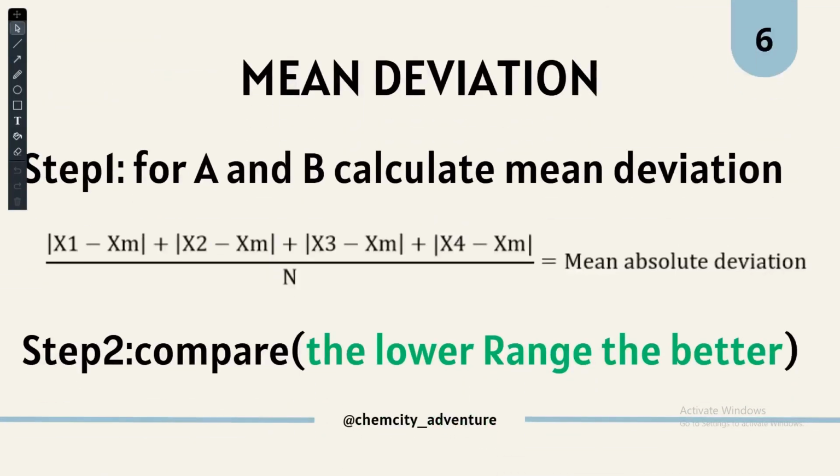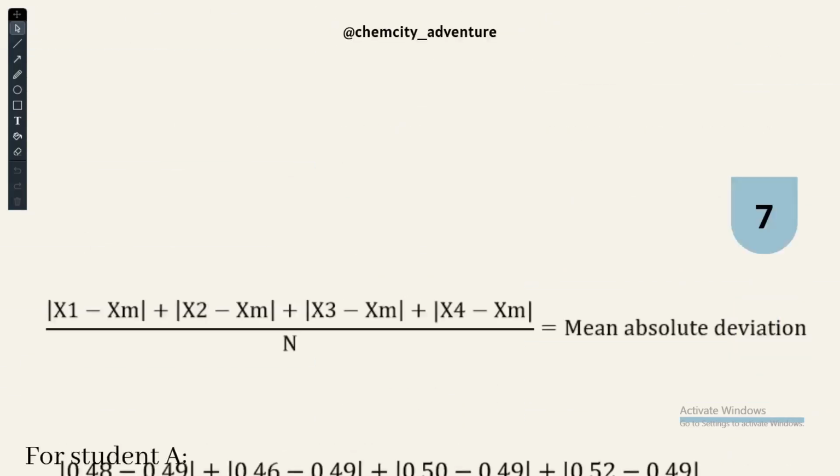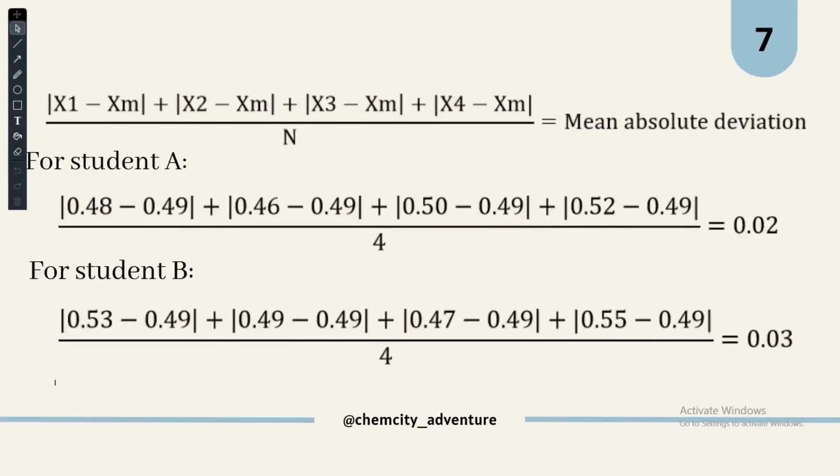Here you see, again, step 1 is calculating the mean deviation for A and B, and step 2 is just comparing these two values. The lower again, the better. Here I have calculated the value for both, but something to tell you: for student B, the mean value is not 0.49, so instead you should use 0.51.